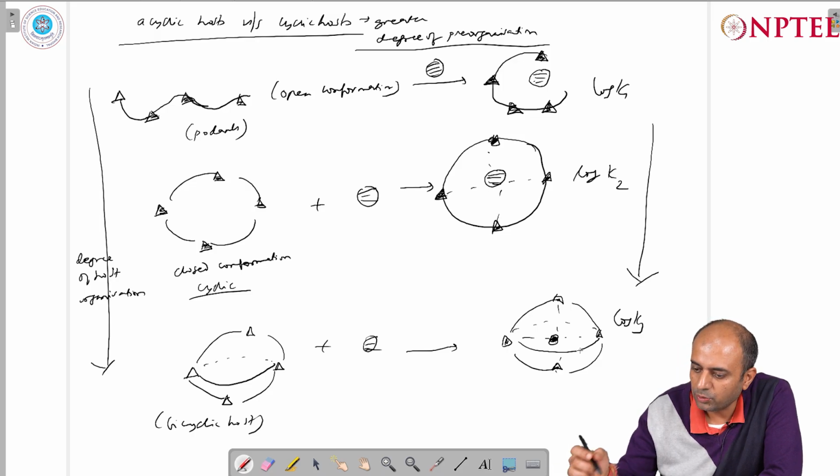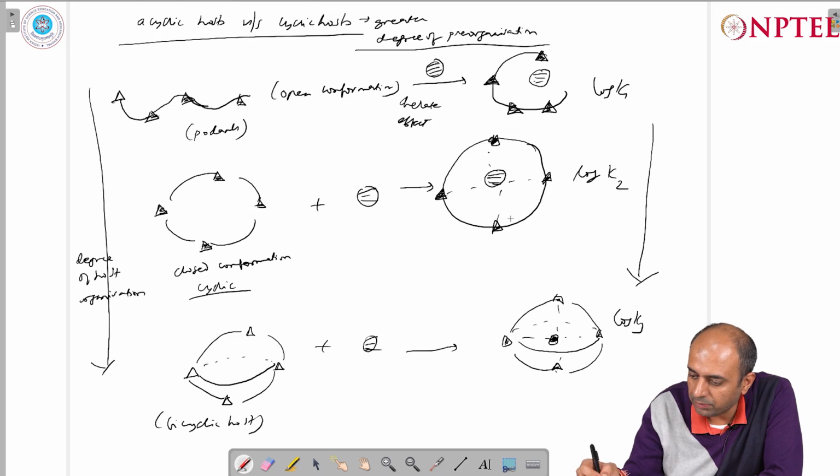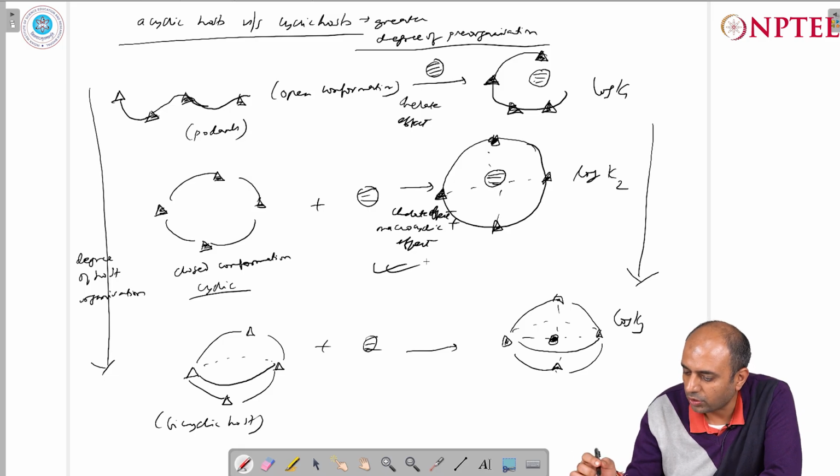This has been attributed primarily to the chelate effect, and the additional stability conferred on the host guest complex because of the closed or cyclic conformation is referred to as the macrocyclic effect, which is in addition to the chelate effect. So we have the chelate effect and the macrocyclic effect operational here.